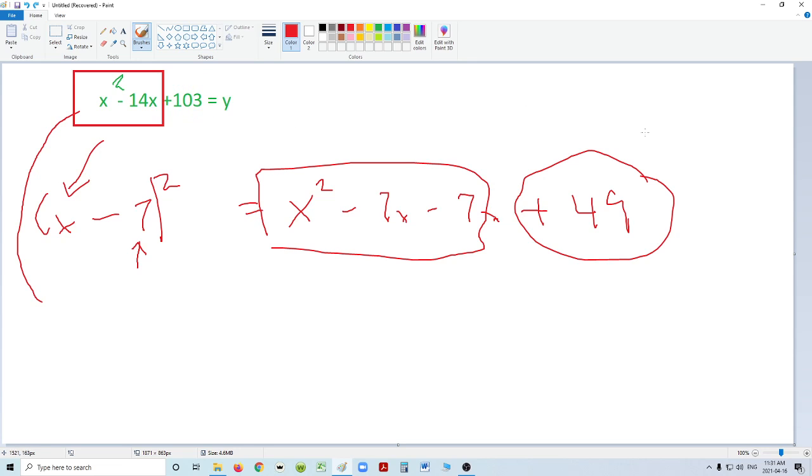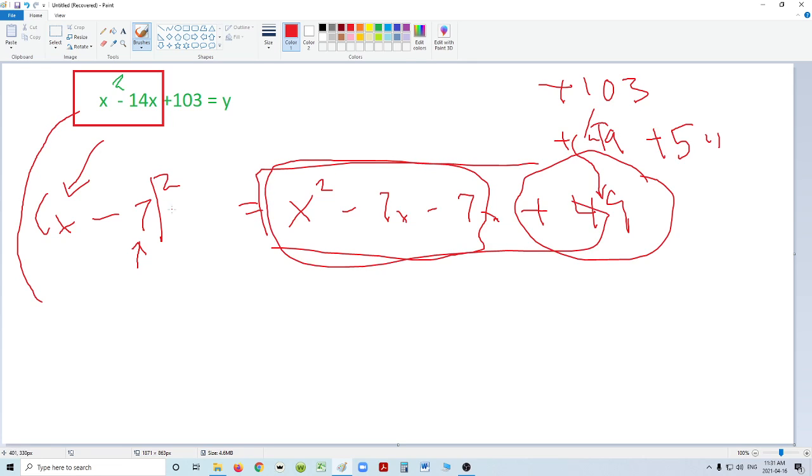There are better ways than borrowing the 103, I'm just using it to explain. So if I break down 103 into something with 49, I get plus 49 and plus 54. So I can now loan that 49 from my 103 to get my perfect square here. So I can replace the formula with x minus 7 squared.